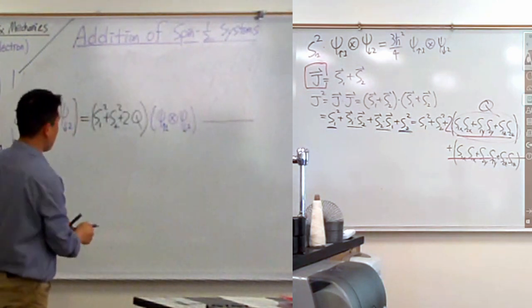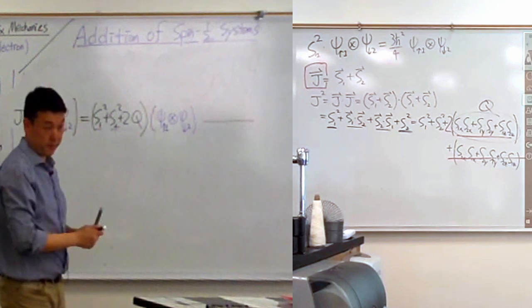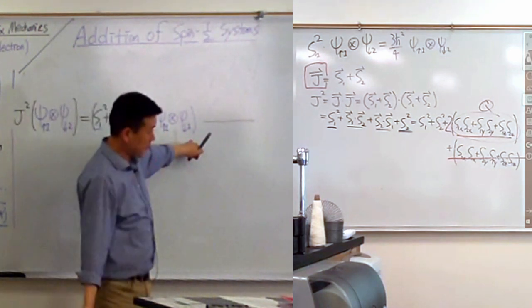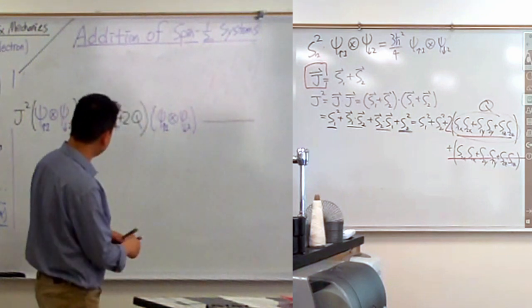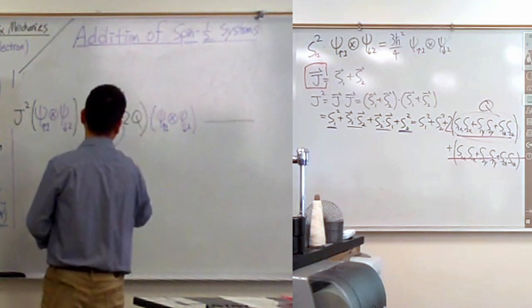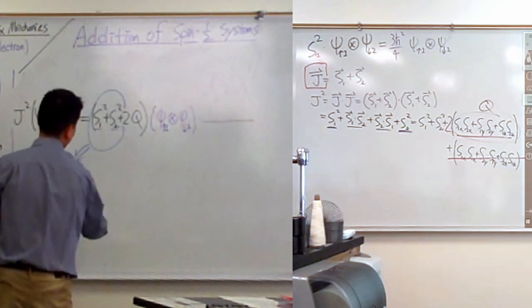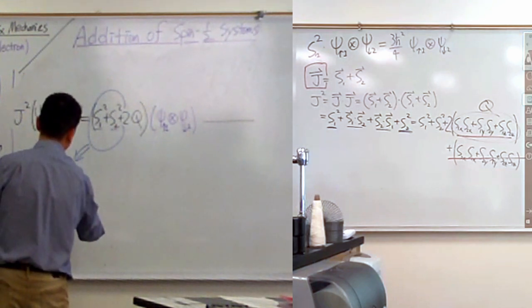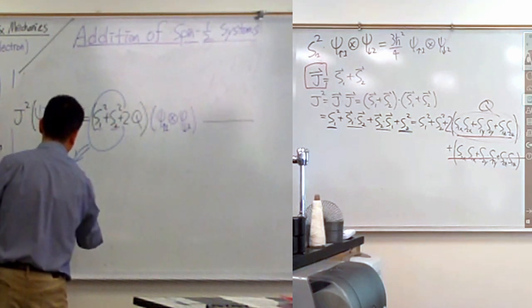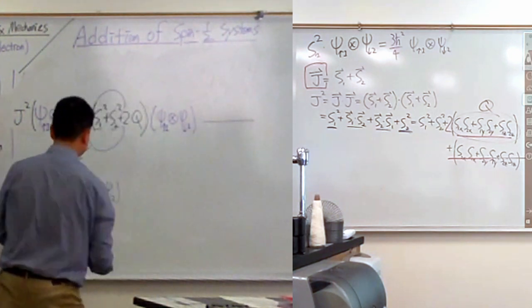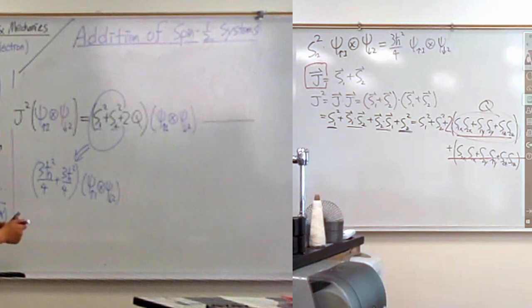And these first two operators are simple to deal with because each only involves one of the two particles and doesn't affect the other. These first two are just going to give me 3 h bar squared over 4 plus 3 h bar squared over 4 acting on the state, right? That's what I handle. So what I have to handle is this Q.